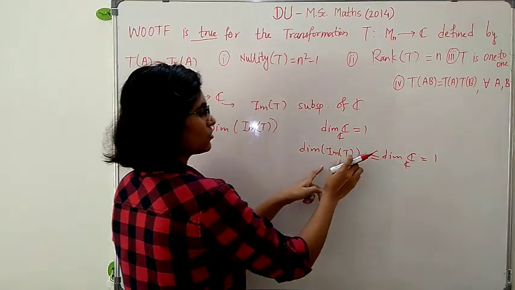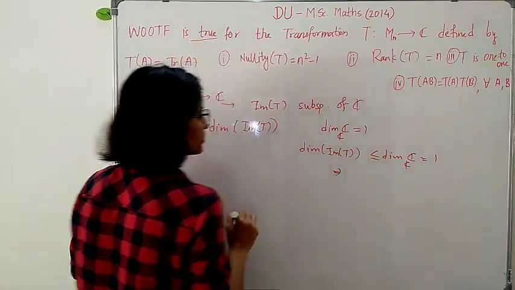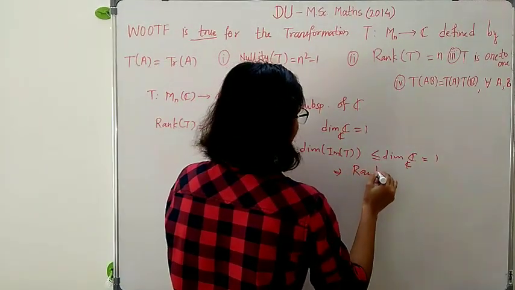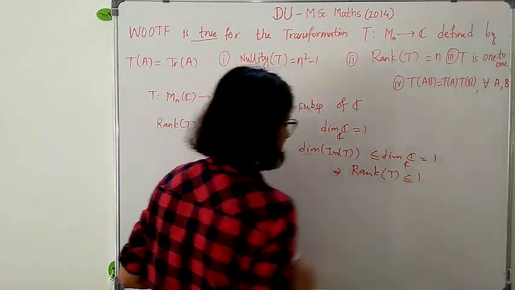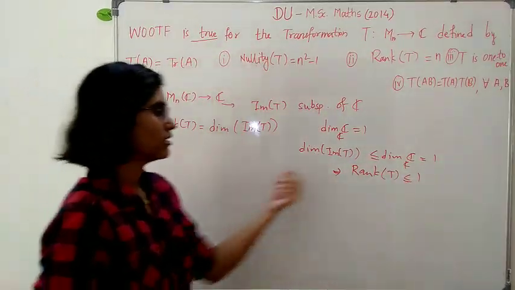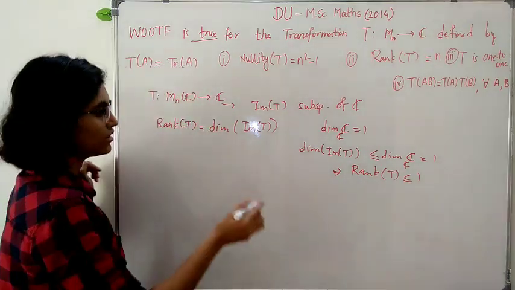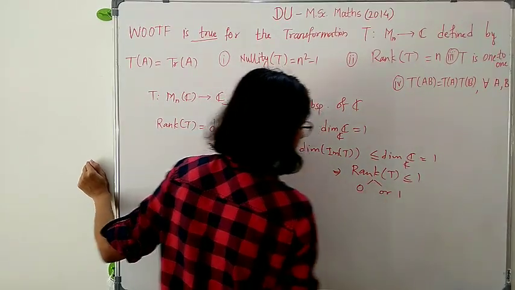So the dimension of image T, which is just the rank of T, is less than or equal to 1. Now less than or equal to 1 means it can be 0 or 1.